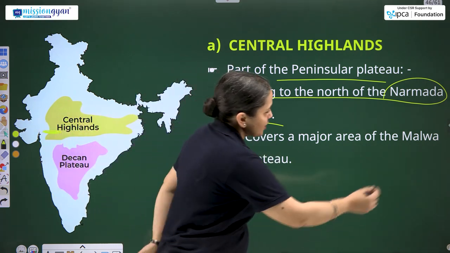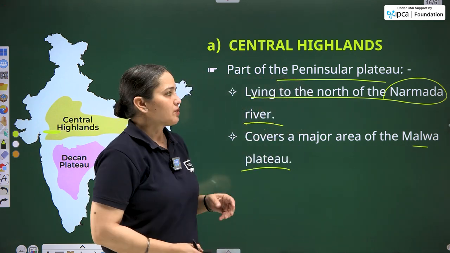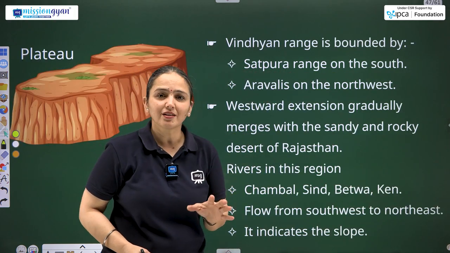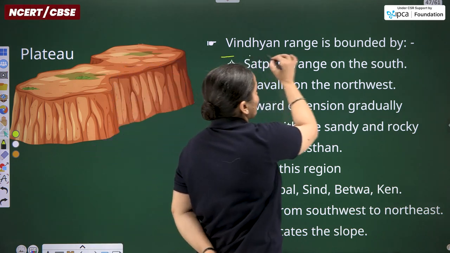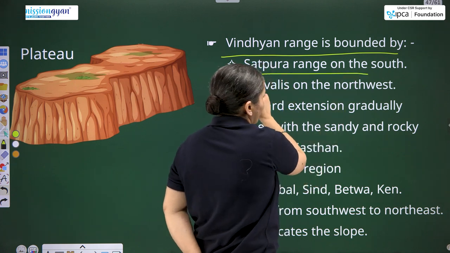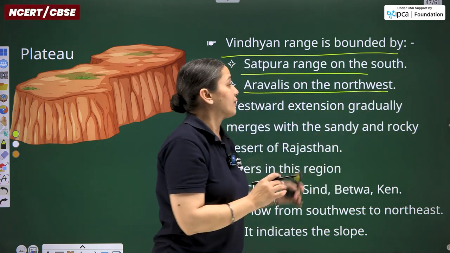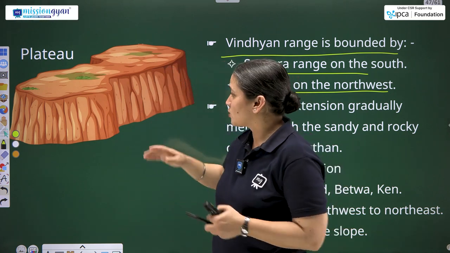It covers a major area of the Malwa plateau, as I was talking about. You are going to see both these relevant words in either place. Vindhyachal range, or Vindhyan range, is bounded by the Satpura range on the south and the Aravalis on the northwest. Narmada originates from the Vindhyachal itself.